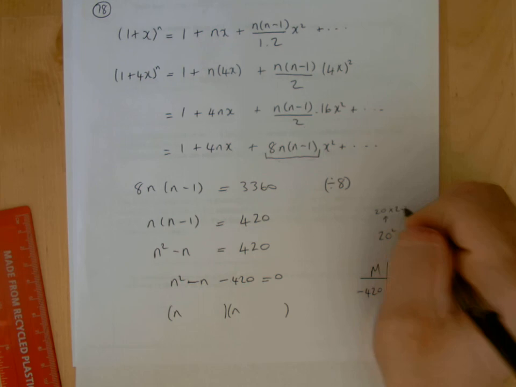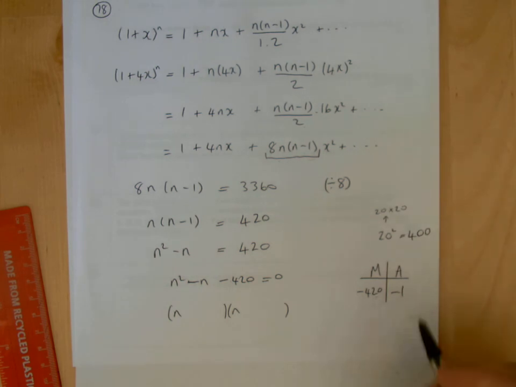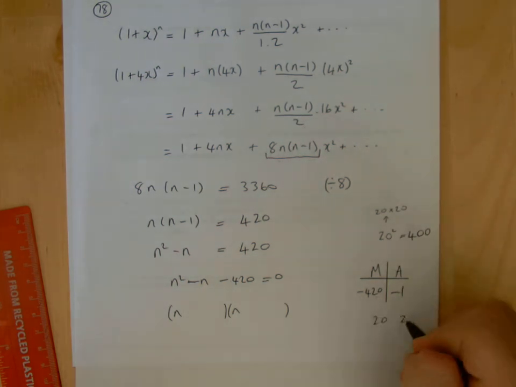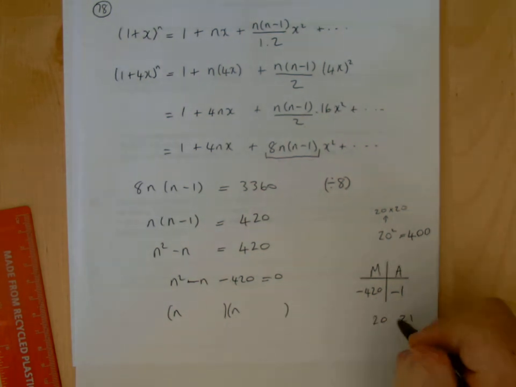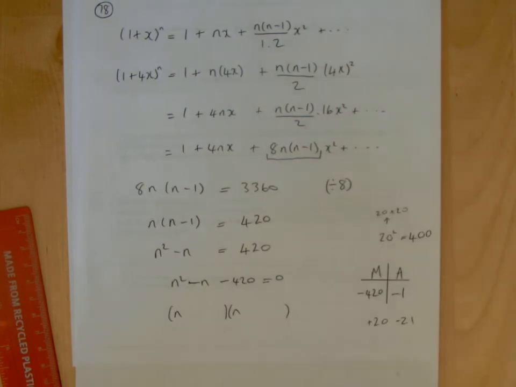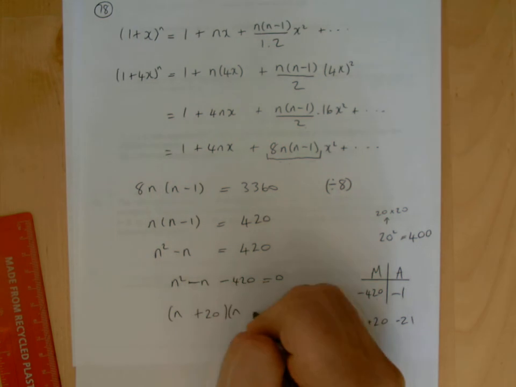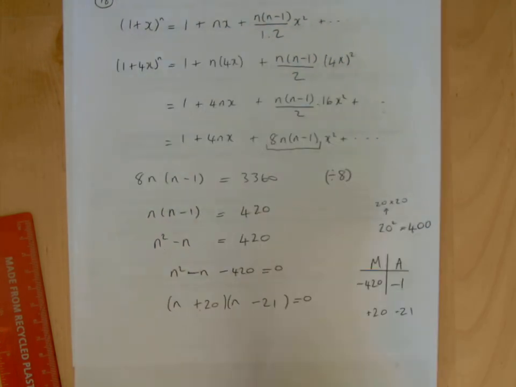To get 420, I need to do 21 times 20. So my two numbers are 20 and 21, and they're consecutive. To get them to add up to give minus 1, I need that to be a minus and that to be a plus. So I've got plus 20 minus 21.